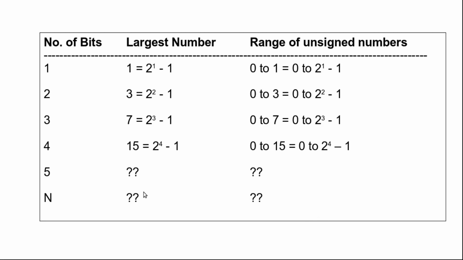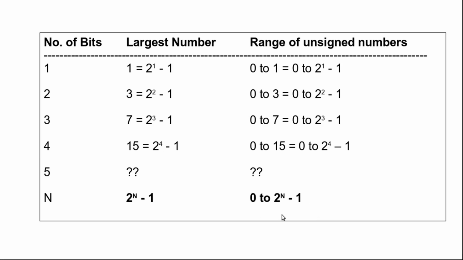To answer these questions, you would see that we have a pattern here. When the number of bits is 1, it is 2 to the power 1. When it is 2, it is 2 to the power 2. When it is 3, it is 2 to the power 3. And when it is 4, it is 2 to the power 4. Hence, when it is n, the largest number would be 2 to the power n minus 1, and the range would be 0 to 2 to the power n minus 1.